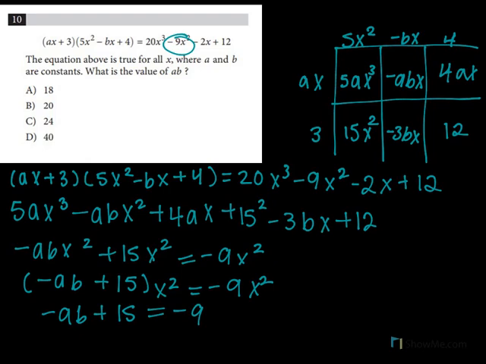So subtract 15 on both sides and divide both sides by negative 1, and we would get ab equals 24. And that would be option C.